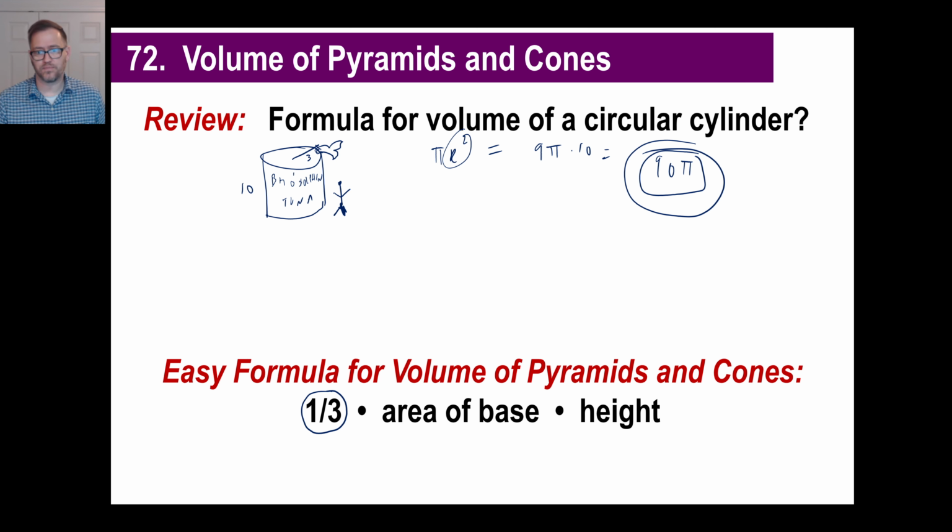So we're going to use this for finding volume of cones. In other words, let me just make an example.